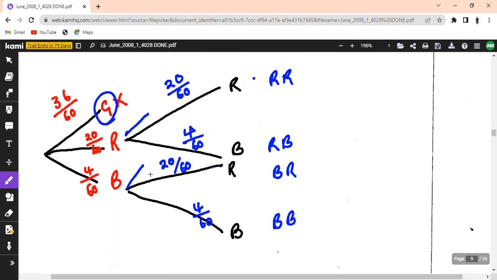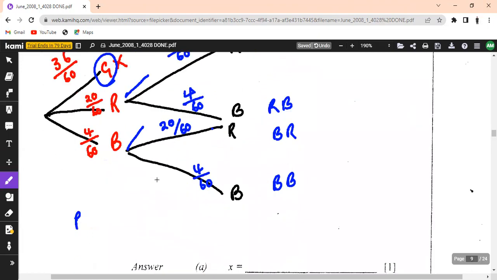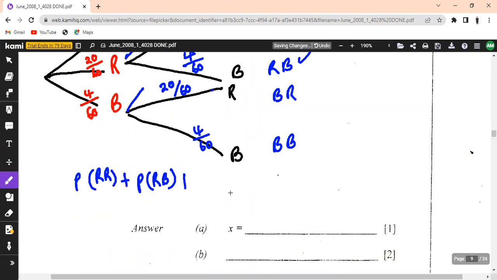All right, so you're going to combine the probabilities. We say the probability of red, red, plus the probability of red, blue, plus the probability of blue, red, plus the probability of blue, blue, just like that.